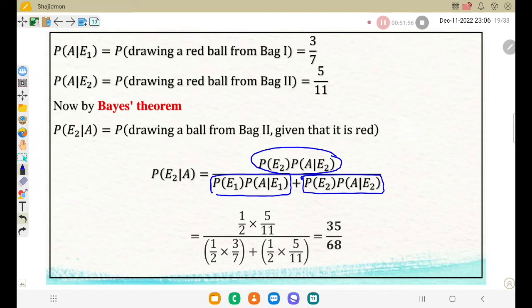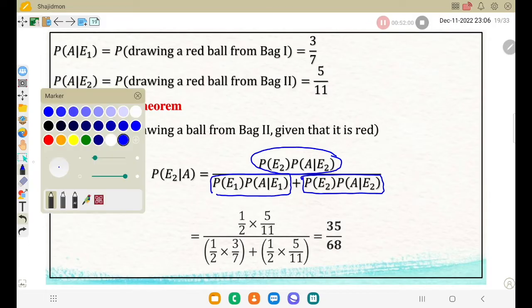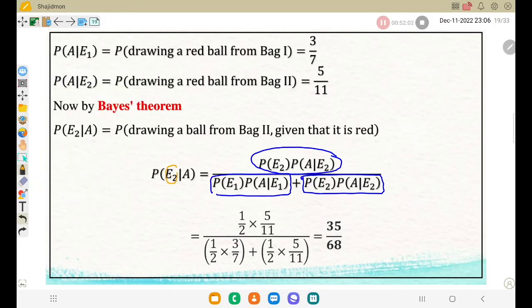We discussed just before how to write the Bayes rule. Whatever the event is on top should be here and here. Down is the same, it is the total probability only. So this is the Bayes rule, correct?